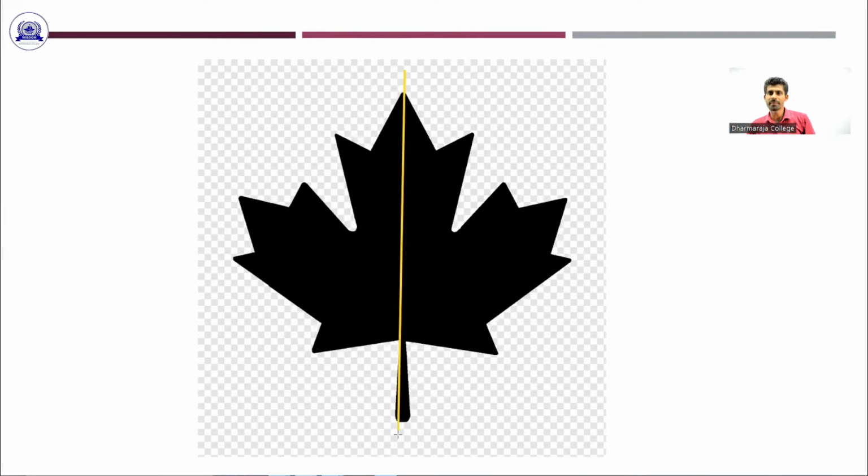It is a bilaterally symmetric plane figure. By folding along this axis, you can equally divide it into 2 nicely.